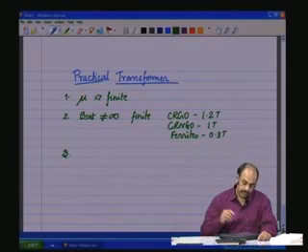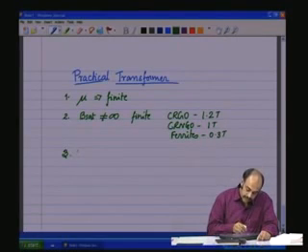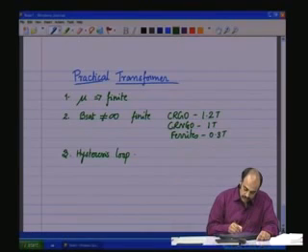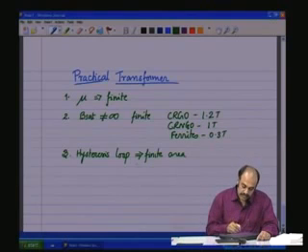Then the third point, there is a hysteresis loop. Hysteresis loop is not 0 or non-existent, there is a finite area, which means there is a finite hysteresis loss.